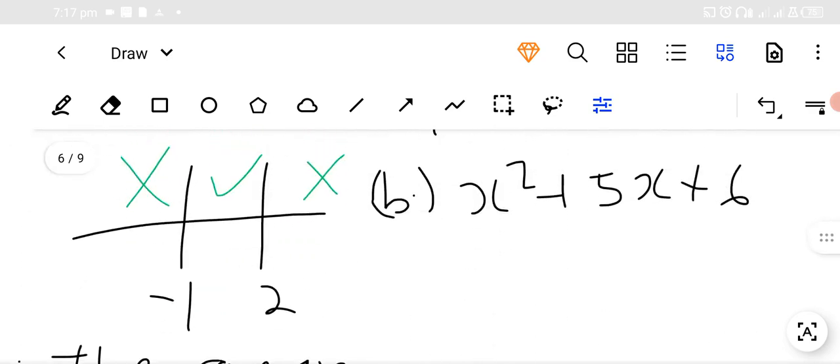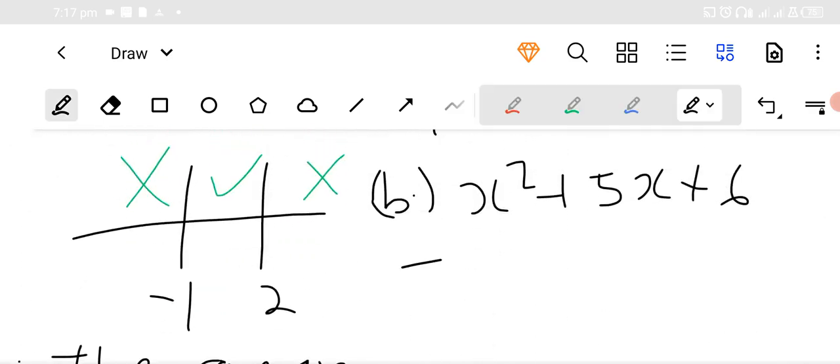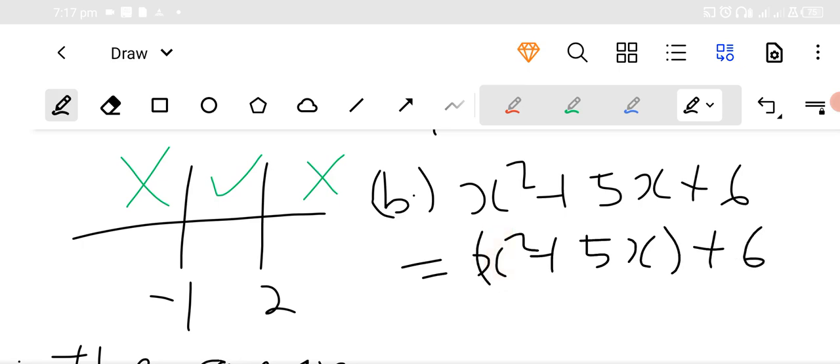Okay, I've confirmed. First step, that is how we go about it. We factor these two first terms like that, plus 6.